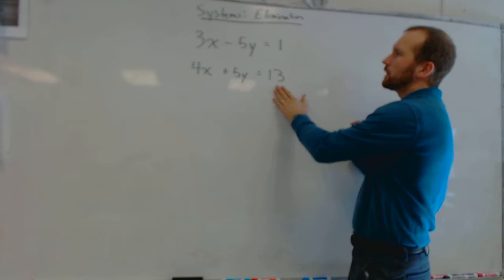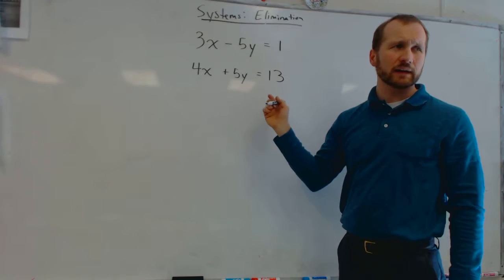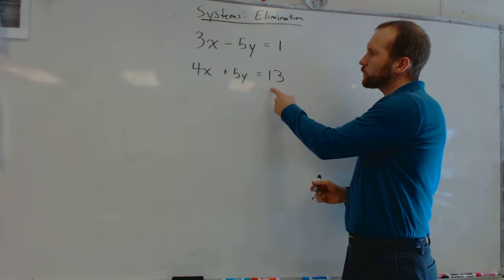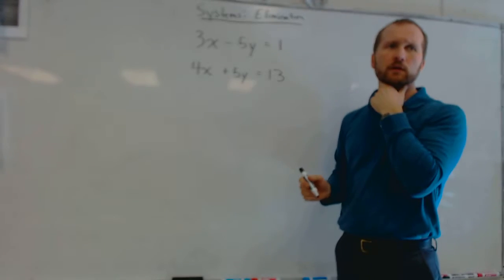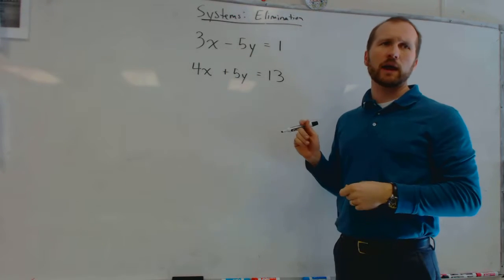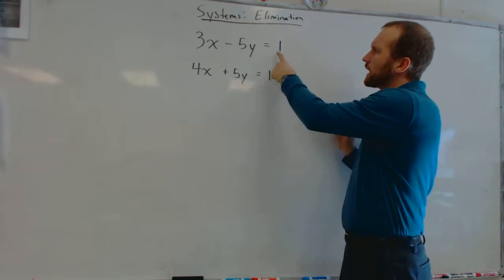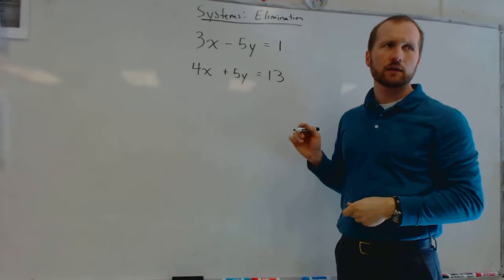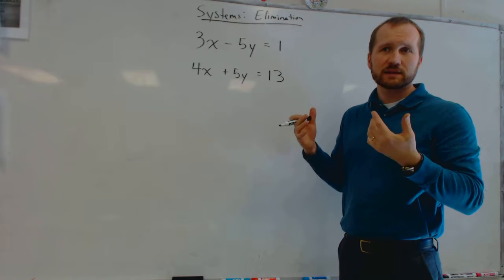If I had an equation like 4x plus 5y, I can add 1 to both sides of this equation. That's allowed. So I could add 1 here and add 1 here. But wait a second. 1 is equal to 3x minus 5y. So couldn't I just add 1 to this side and add 3x minus 5y to this side? I could, because it's the same thing.